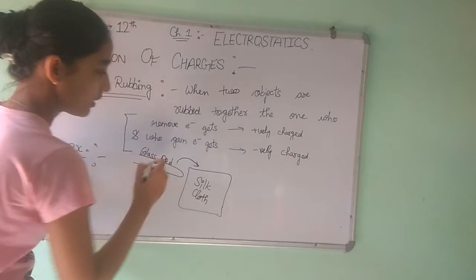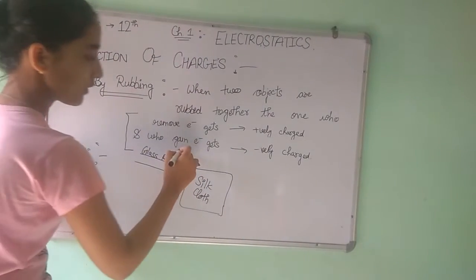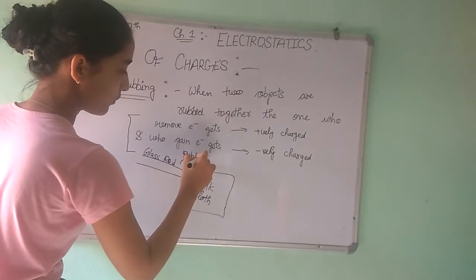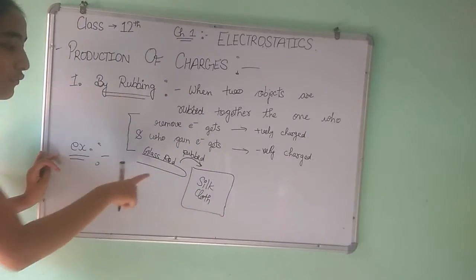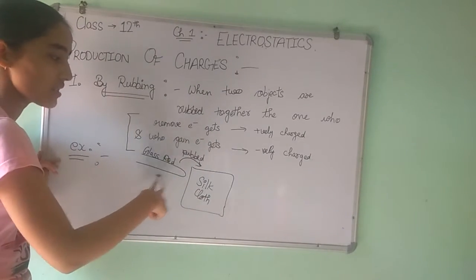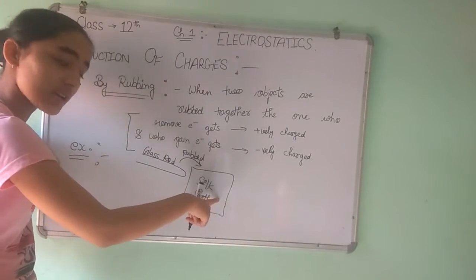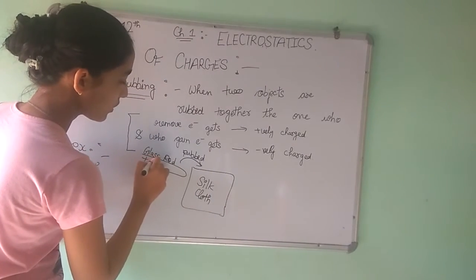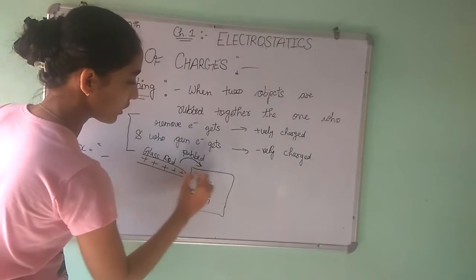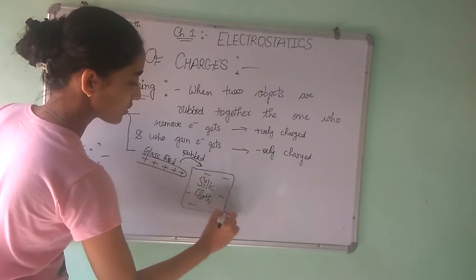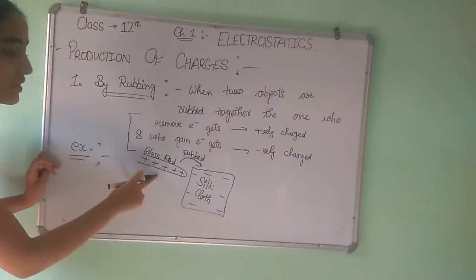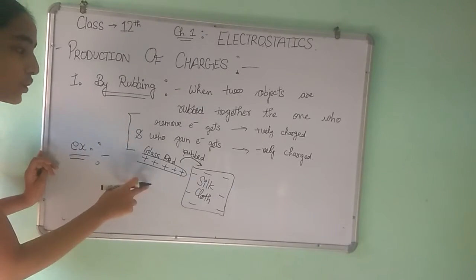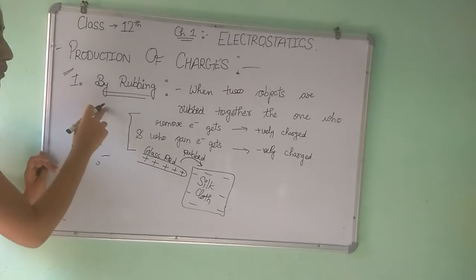When we rub these two objects, one of them becomes positively charged and one gets negatively charged. By convention, it was seen that the glass rod becomes positively charged and the silk cloth becomes negatively charged. So here we see that by rubbing charges are produced. So this is the first method, by rubbing.